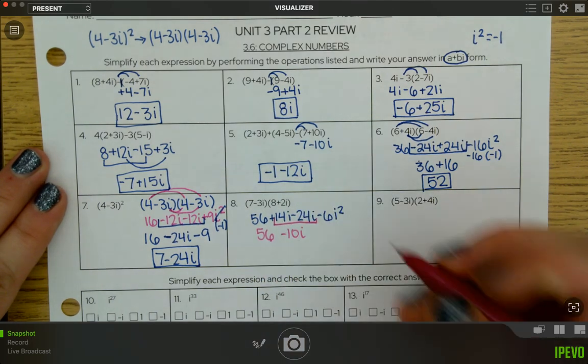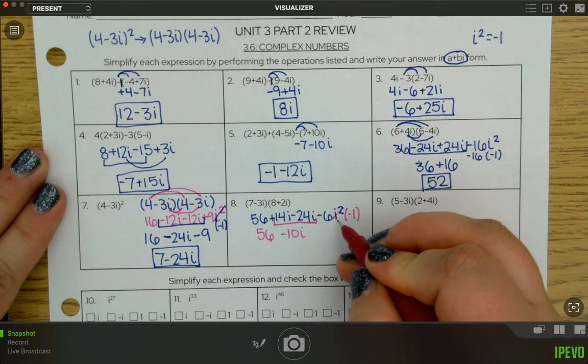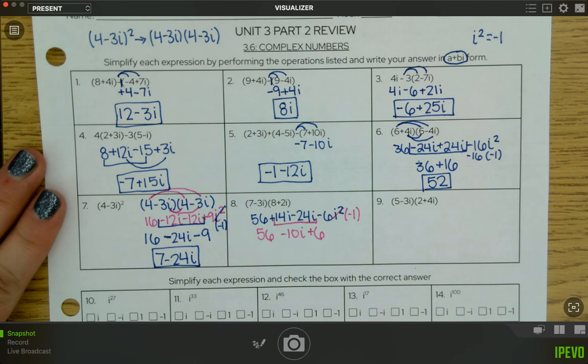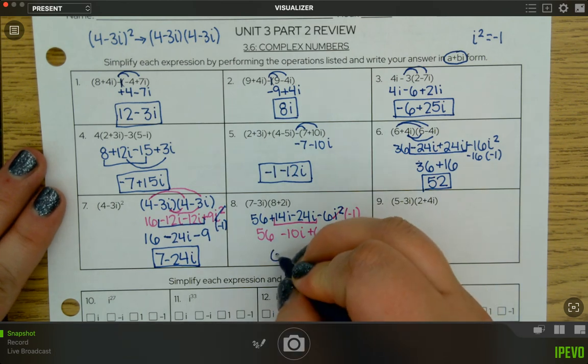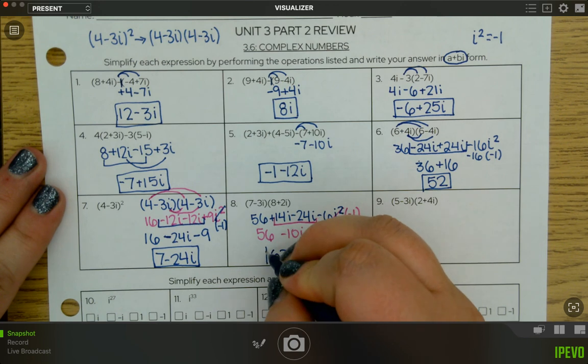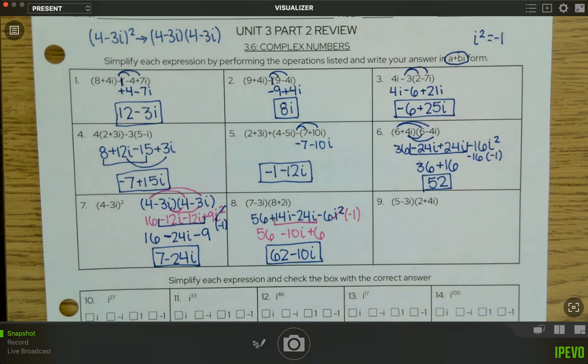And then this i squared turns into a negative 1, which makes this positive 6. 56 plus 6 is 62. The negative 10i stays. You are not allowed to add together 62 and negative 10i because one of them has an i and the other one does not.